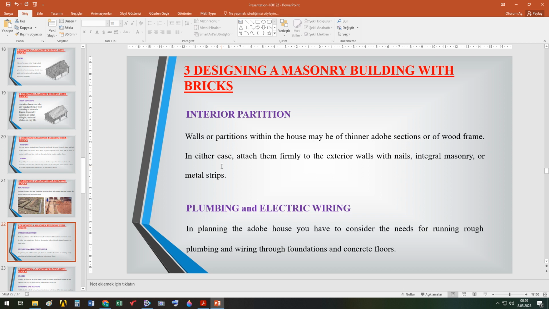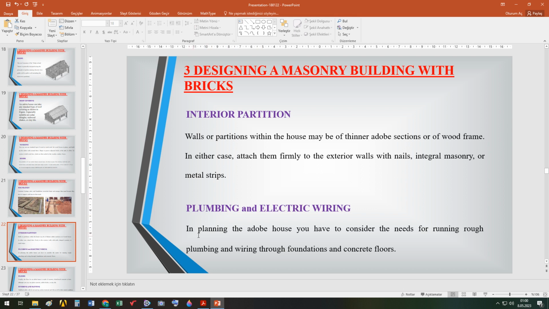And also to carry the vertical load, I think, according to my idea, it is better to construct the inner partition walls with the same thickness as is used for the exterior walls.